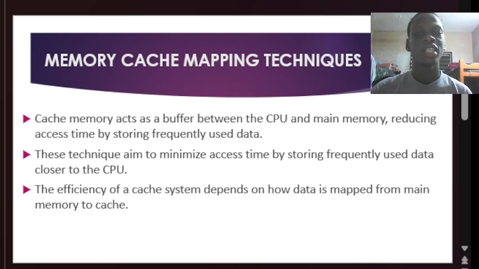A cache memory acts as a buffer between the CPU and main memory, reducing access time by storing frequently used data.